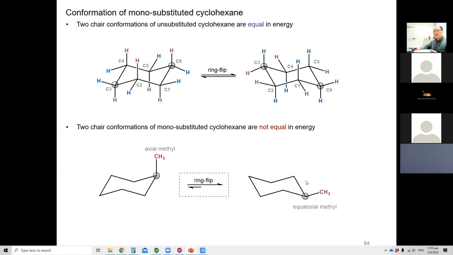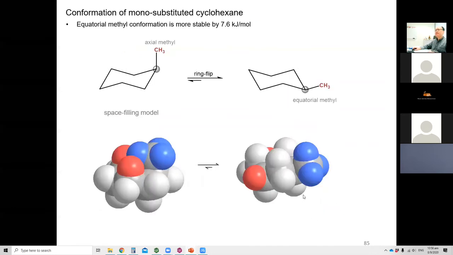But why? It must be something related to the energy, that the equatorial methyl is more comfortable. The reason the equatorial methyl is more comfortable is that when you have an axial methyl, the axial methyl has some interaction with the two hydrogens marked in red here.